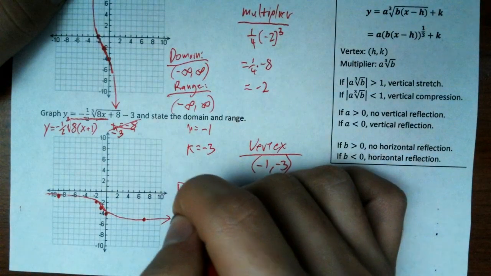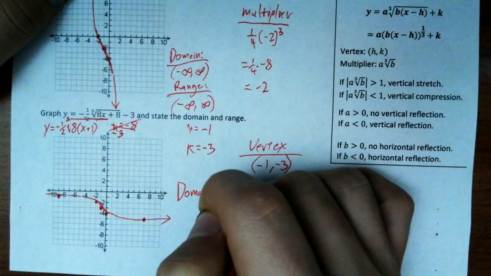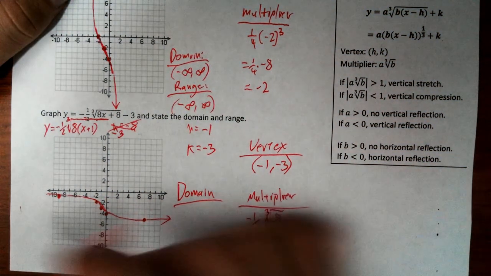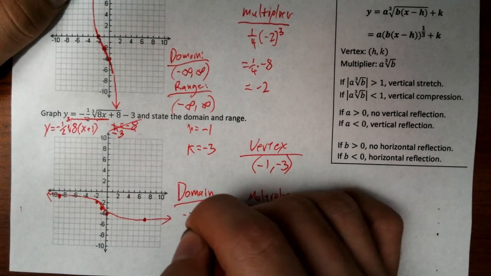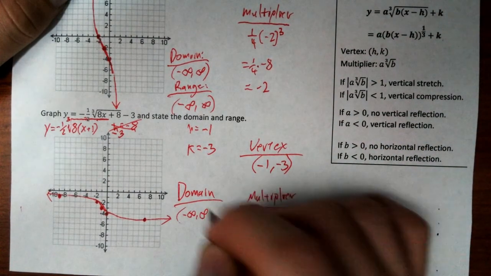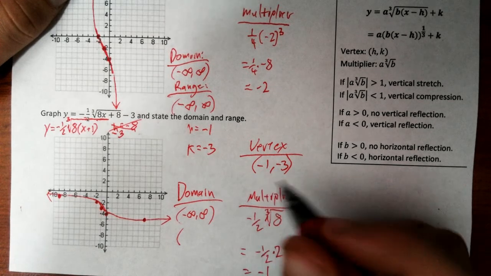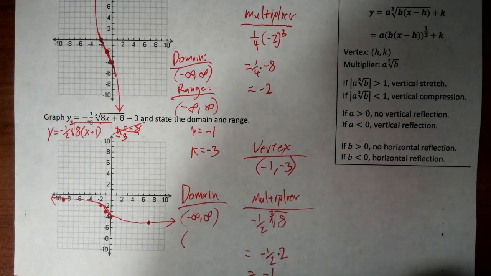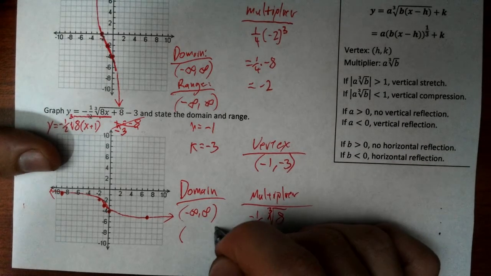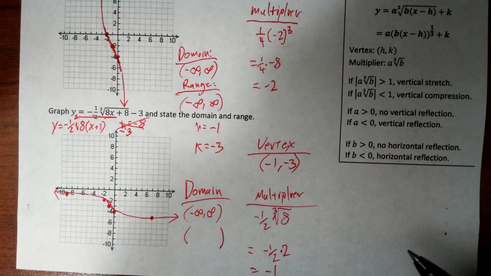And our domain, well, we can tell it's just going to keep on going left and keep on going right, so that's -infinity to infinity. Or again, if you want to take that picture frame analogy, could you put picture frames on the left and right of this? Well, no, you couldn't. They would keep on going to infinity.